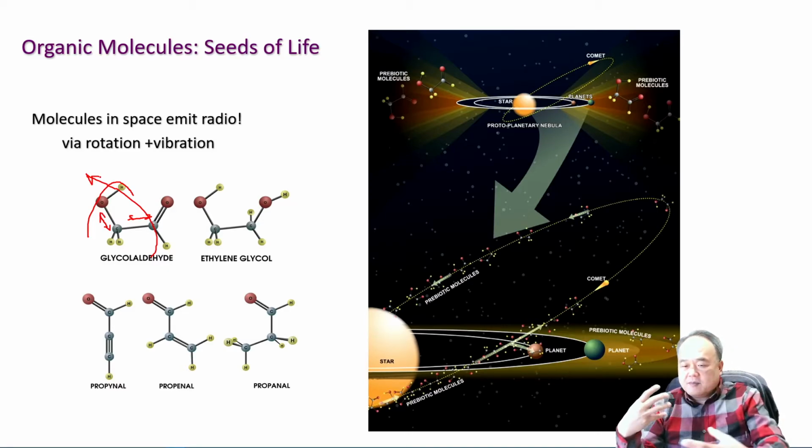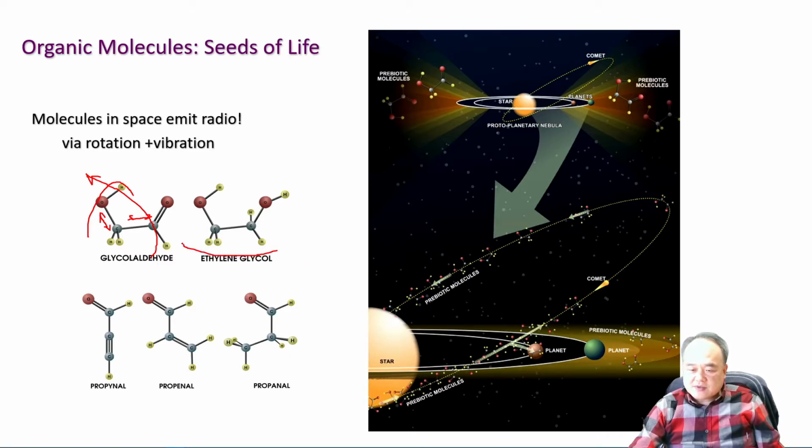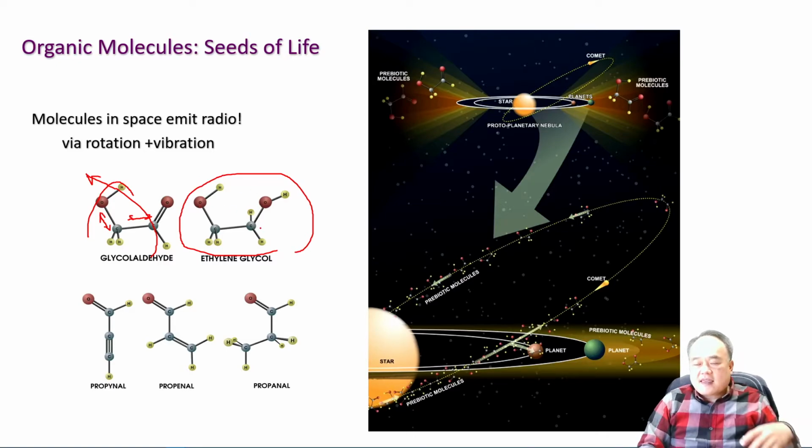So this seemingly simple molecule, made of 2 carbons, 2 oxygens, and 6 hydrogens, can have sometimes tens of thousands of different energy levels because of the various possible vibration and rotation modes.